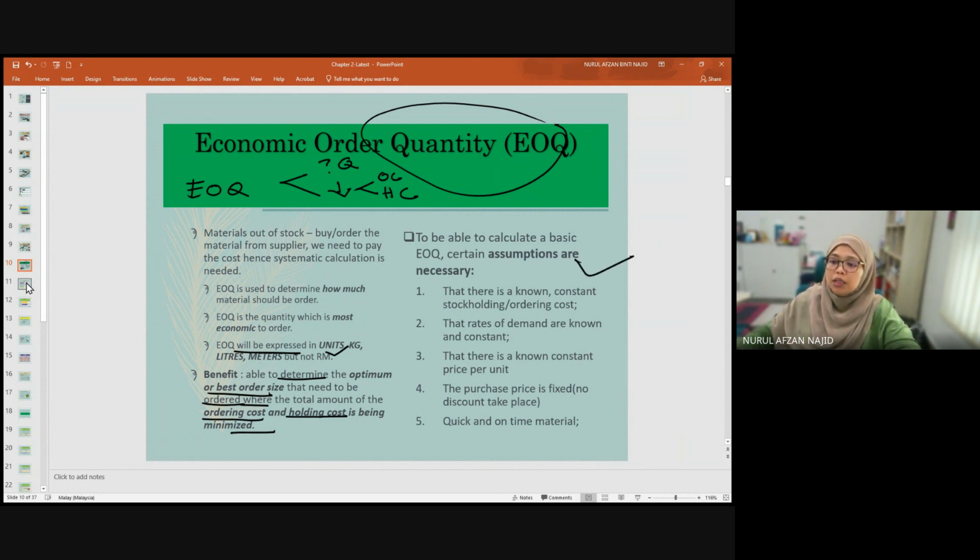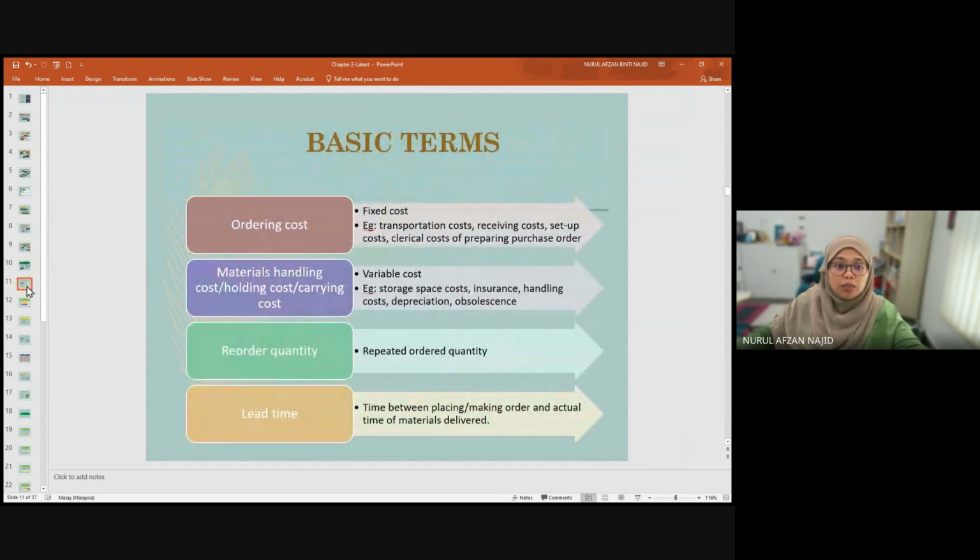Alright, so kita pergi kepada sebelum kita masuk formula. Okay, what are the formula, how to calculate the EOQ. Kita belajar dulu berkenaan dengan terms dalam EOQ ni, yang mana penting untuk you tahu. Kalau you tak faham terms ni, you akan ada masalah untuk determine from the question. Sebab apa Madam cakap macam tu?